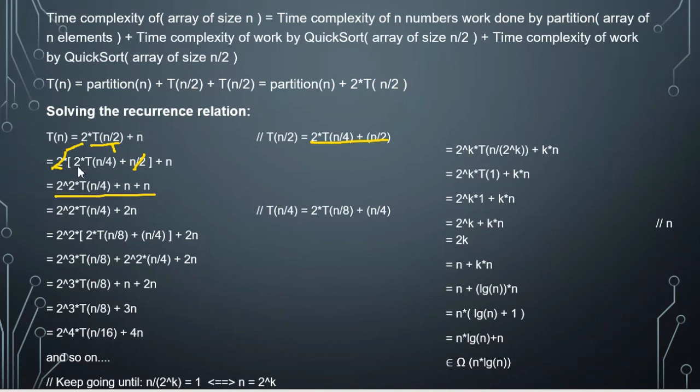And we see here the value of 2 is increasing step by step: 2, then 2 squared, which is equal to 4, then 2 cubed, which is equal to 8, and then it will increase gradually as we go beyond that.